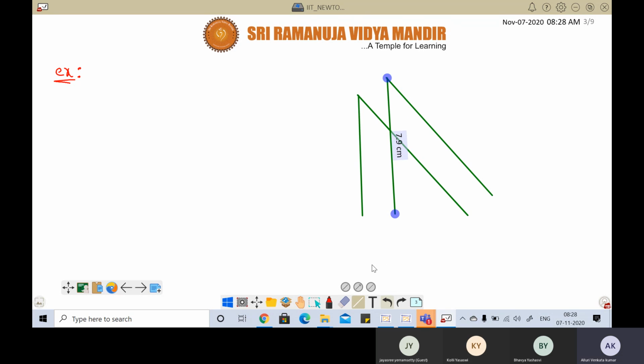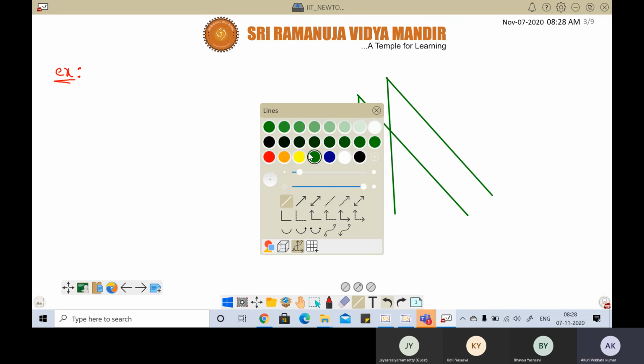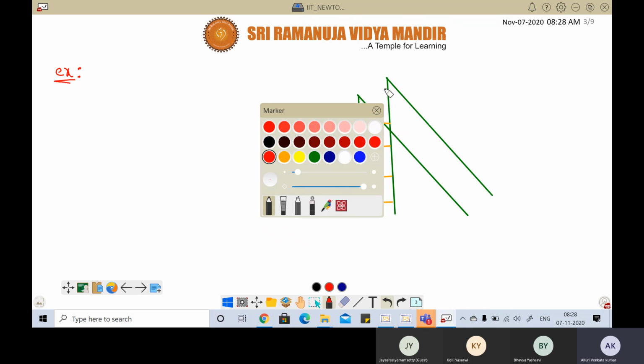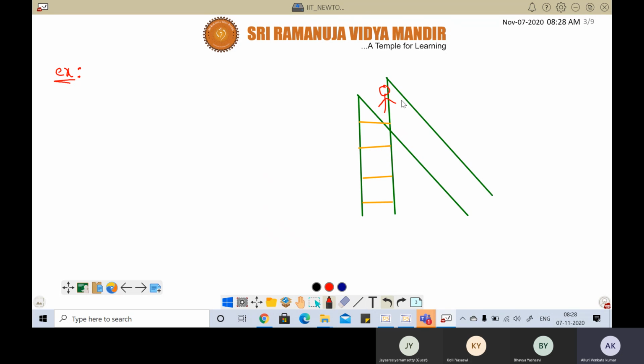There will be steps like this. They'll go up the steps, and when they come here, they'll sit here like this. Then they'll automatically slide, correct or not?